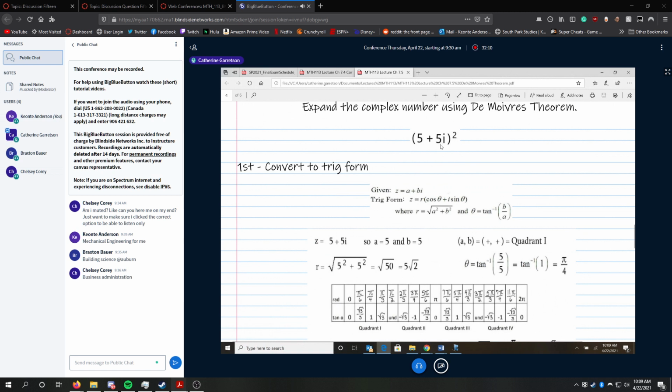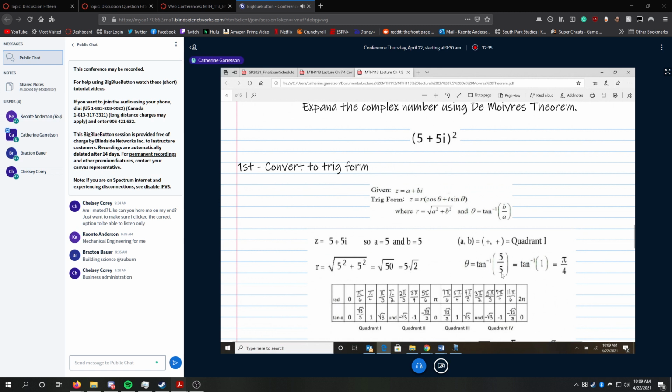So my a is 5, my b is 5. That's quadrant 1. Those are both positive, so I'm going to have a quadrant 1 angle. And all it said to do, remember, was take your a and b and square them. So 25 plus 25 is going to be 50, the square root of 50, or 25 times 2, is 5 root 2.